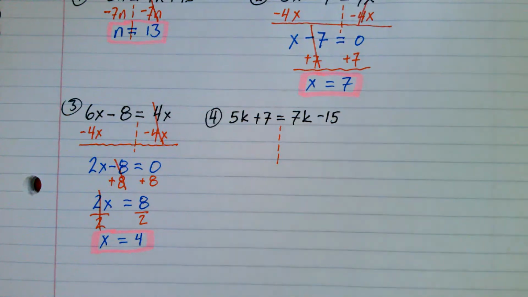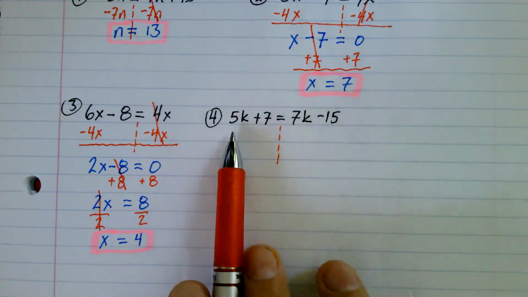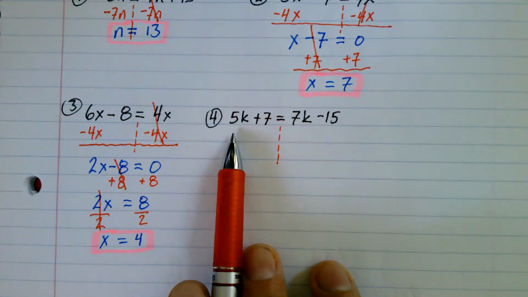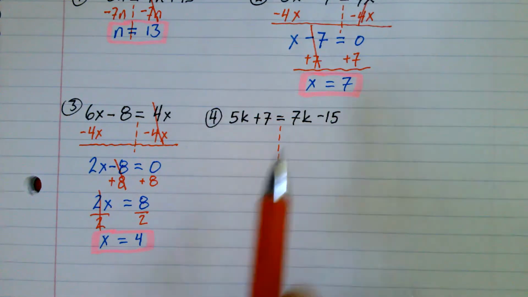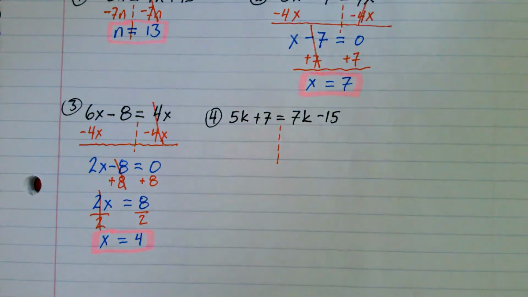Anything I can combine on the right? Nothing I can combine on the right. So now we have to make a decision. I got to eliminate one of the variables. Either on the left, get rid of 5k, or on the right, get rid of 7k. Which one shall we get rid of?